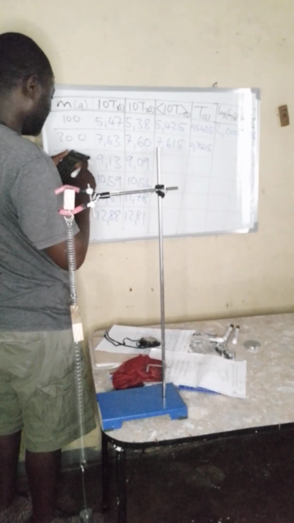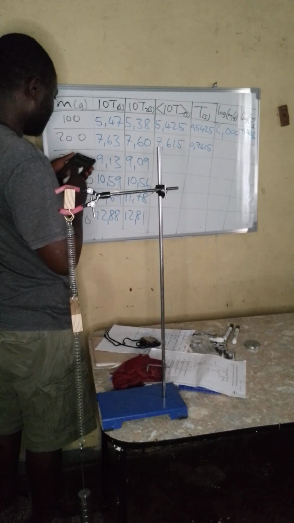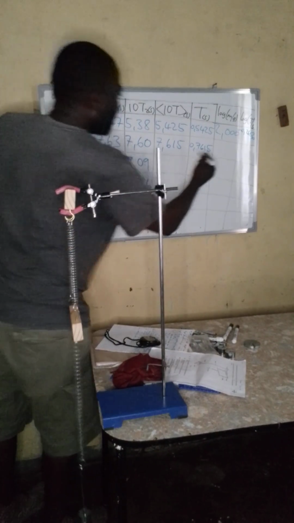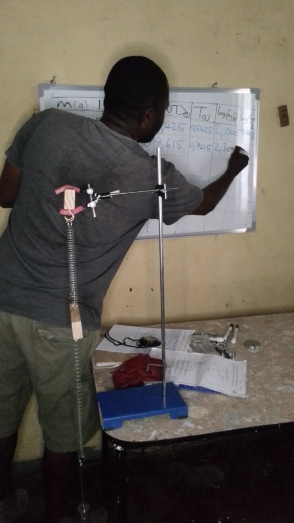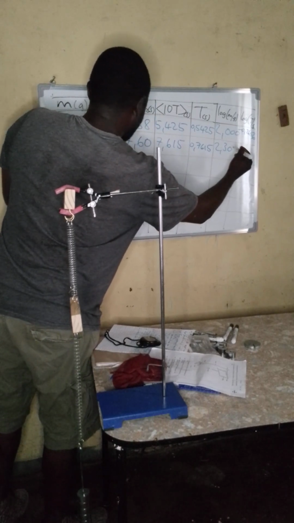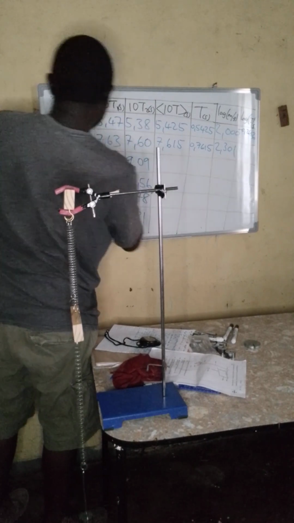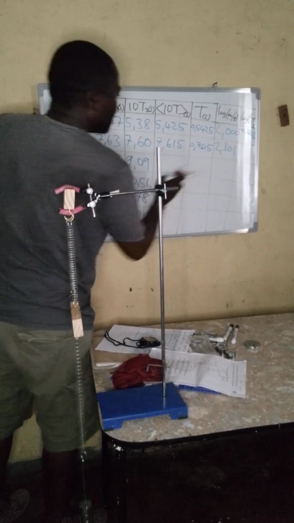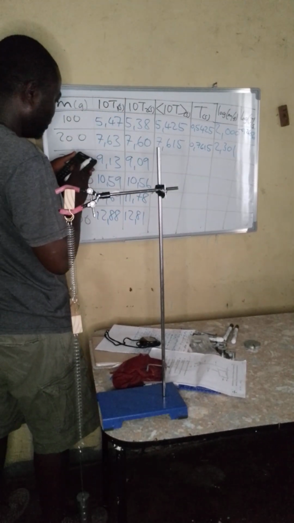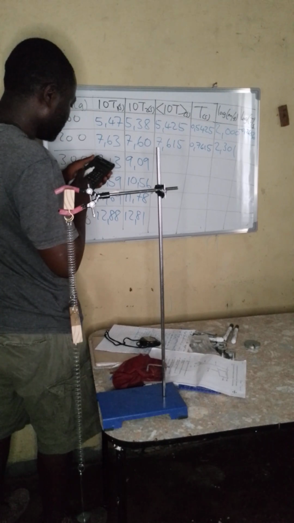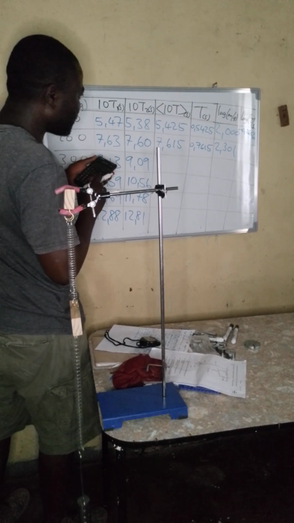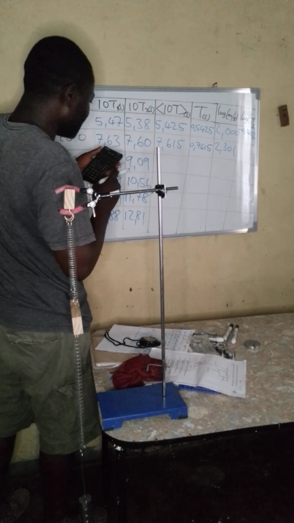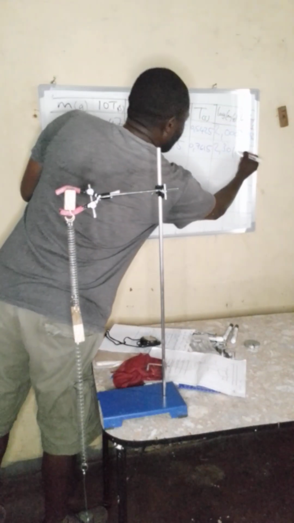Logarithm of 200, what do you get? 2.301. So here there are three significant figures, then there should be three decimal places. Then logarithm of 0.7615 is minus 0.1183.